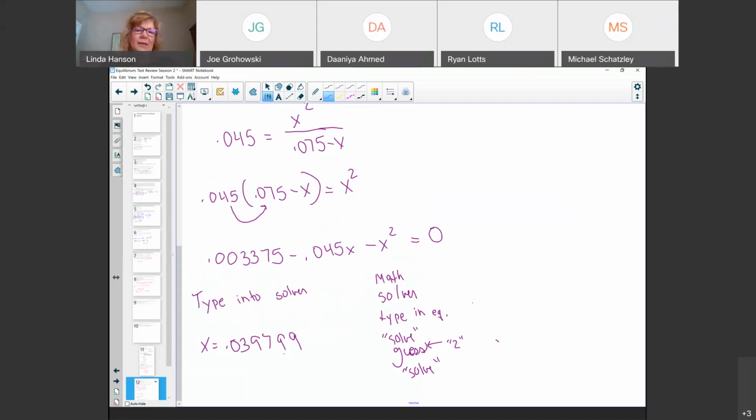When you finish typing in your equation, and you look at it on your calculator and x equal has nothing there, just make a guess again and then hit solve.